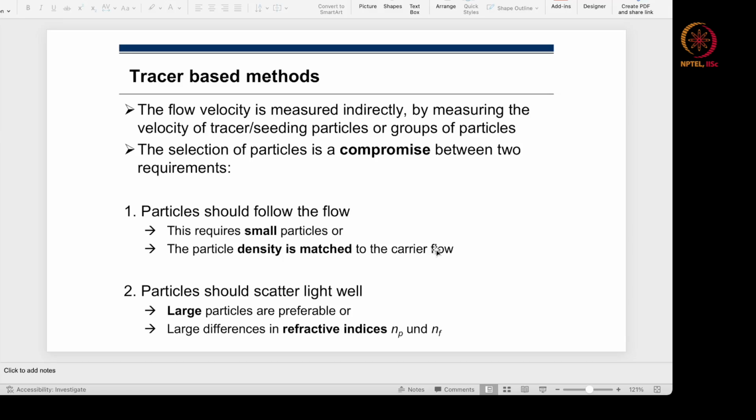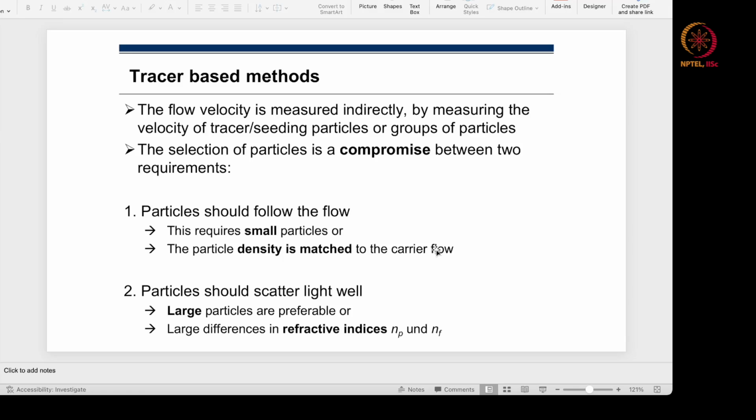What it is doing is measuring the velocity of the seeding particles or groups of particles, and we are inferring the flow velocity from the velocity of the tracers. So the selection of these particles is basically then a compromise.